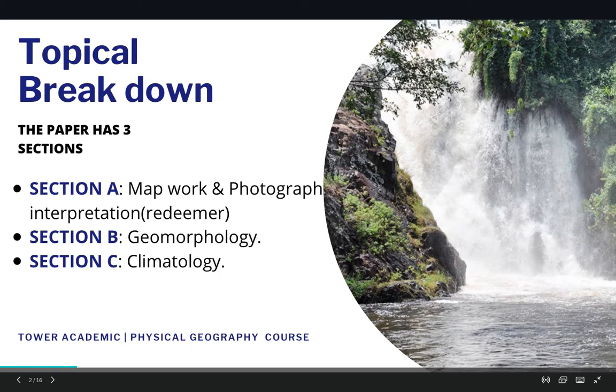For example, if you are asked to find a grid reference, you be precise and give the grid reference. If they tell you to find a feature in an area, you be critical and give the physical feature. So in other words, in this part of section A, there is no meandering around. So once you get your 50 marks, and if at all you have failed, you get 40 out of 50. That is still good enough.